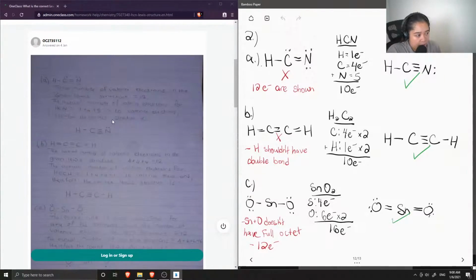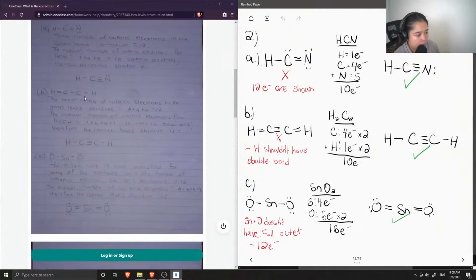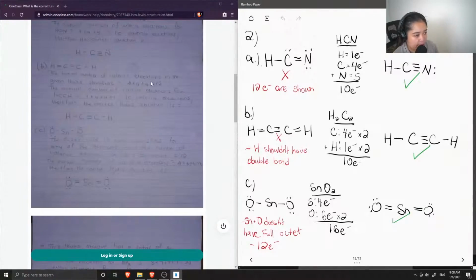Therefore, the correct structure is the carbon with a triple bond. For B, the total number of valence electrons in the given Lewis structure is equal to 12. The actual number is equal to 10. Therefore, the correct Lewis structure is the triple bonded carbon.